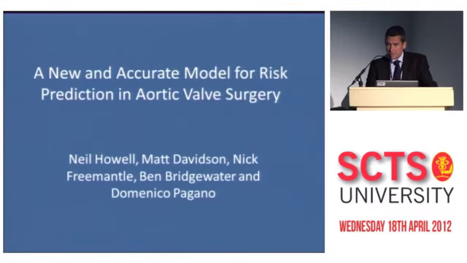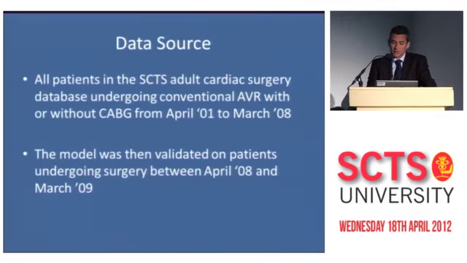So the thing I'd like to mention very briefly is some work that Ben Bridgewater and Domenico Pagano have done on behalf of the Society, which is generating a new risk model. They presented some preliminary work last year, but this has now gone into full swing. It's got past some of the political difficulties that we had and is now going to be up and running, hosted and published in this month's European Journal of Cardiothoracic Surgery.